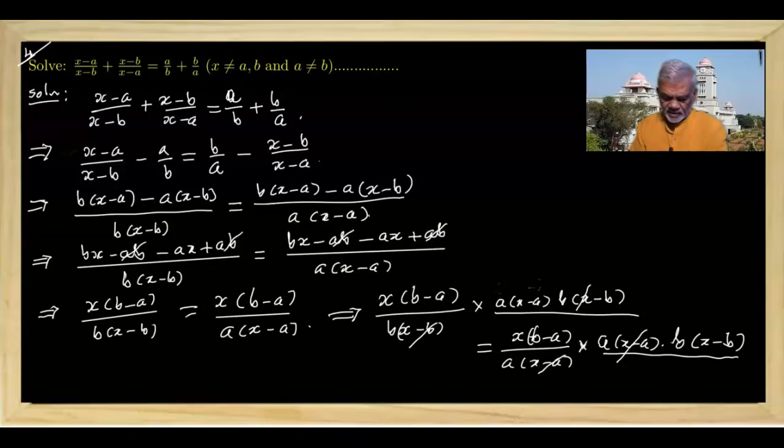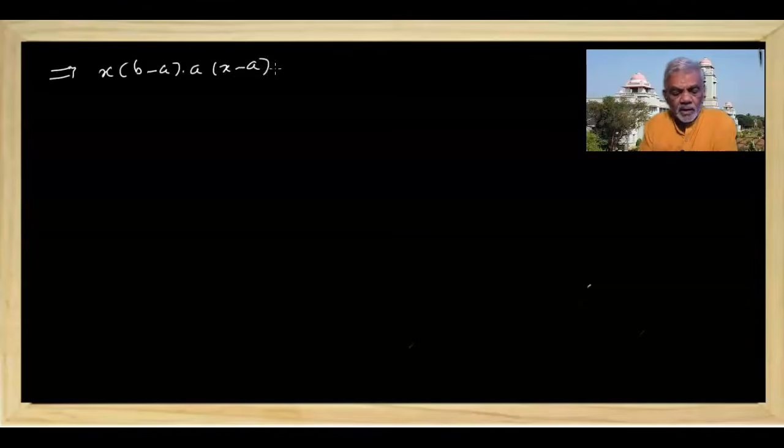What we are going to get, this implies x into (b minus a) into a into (x minus a) equal to x into (b minus a) into b into (x minus b). And now here b minus a is nonzero because a is not equal to b. It is given, and therefore we can cancel this number both sides.